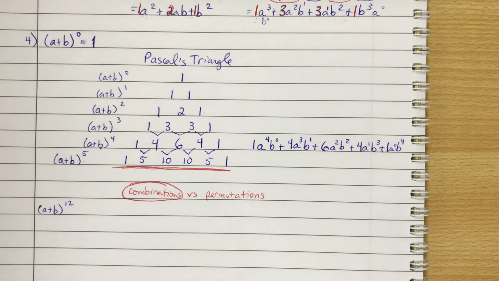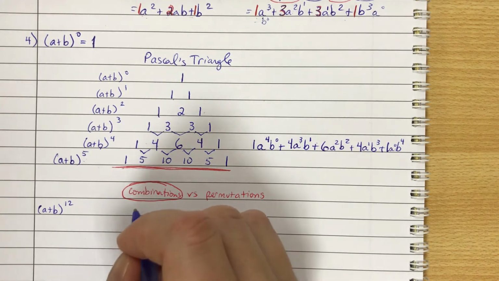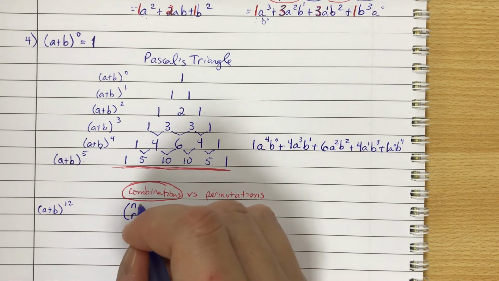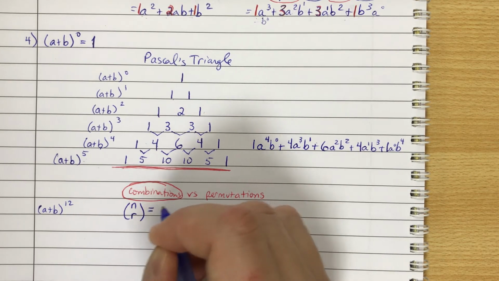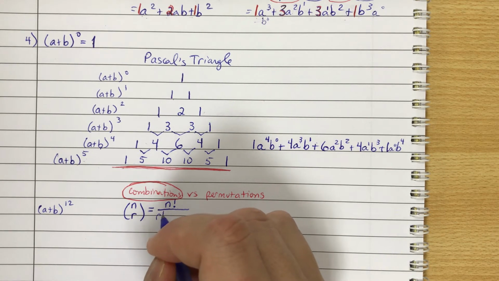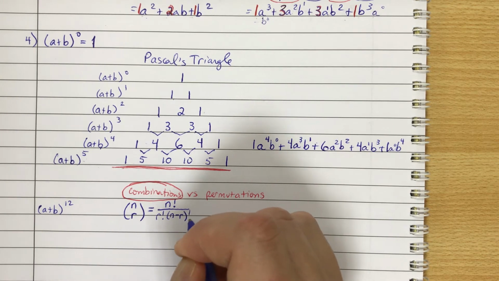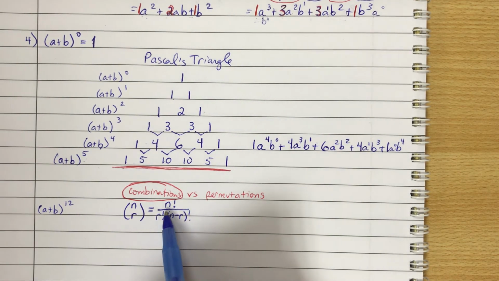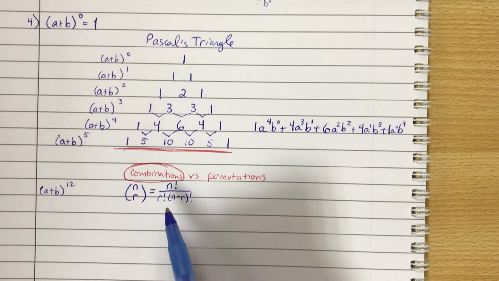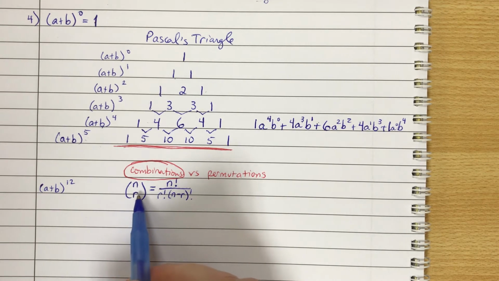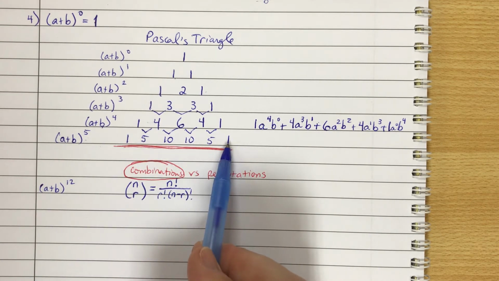And the formula for a combination is if we have n objects taken r at a time, that is n factorial divided by r factorial times n minus r factorial. Now, again, if you don't know what factorial is, you'd have to go and look that up. Okay, that's not the most important part of this. The idea is that a combination will get us these values.